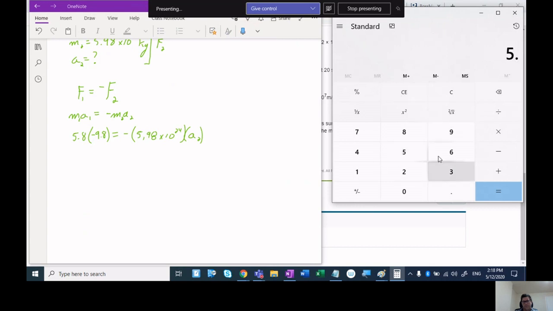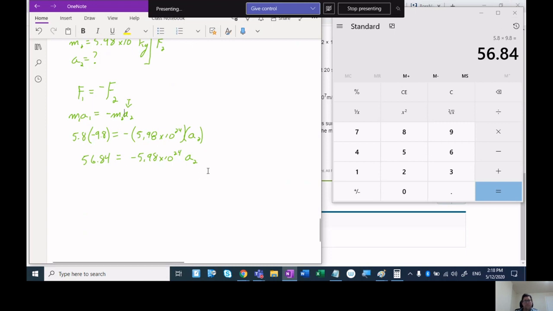It's going to be a pain to write on the computer with this. First part, 56.84 equal to minus 5.98 times 10 to the 24. And you see how maybe that's a better example of I didn't move my things before. This is the focus, this is our target. I didn't move anything around, which I should have, because now I have to bring all these numbers every time, right?